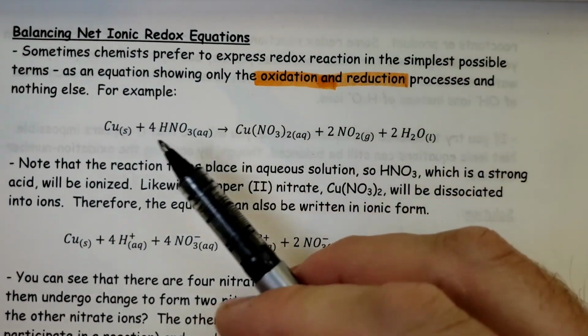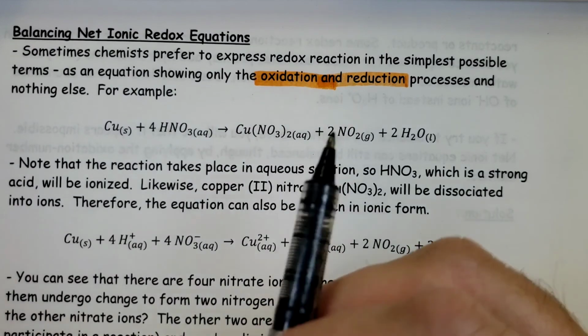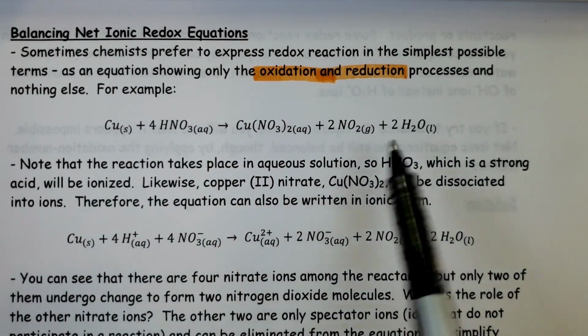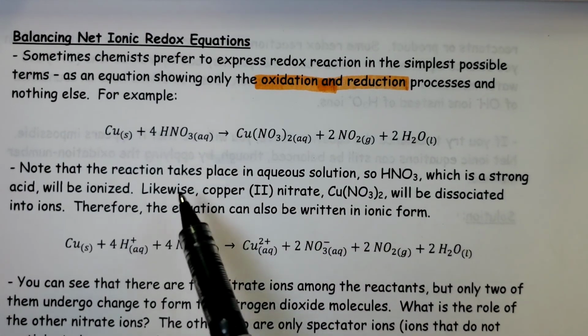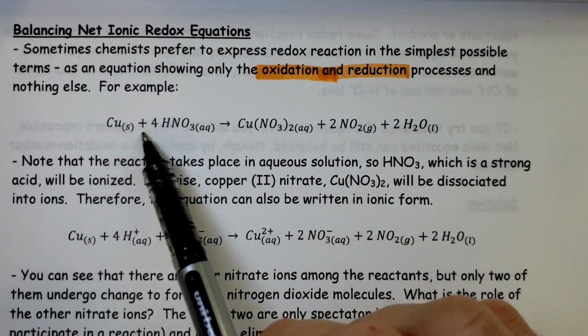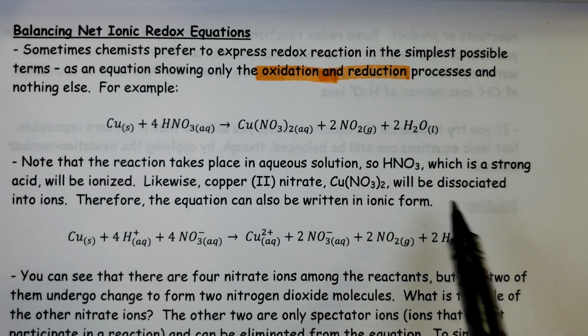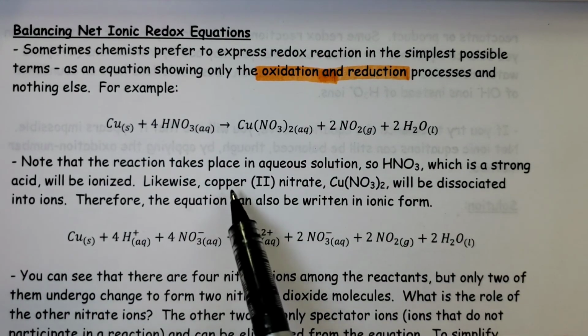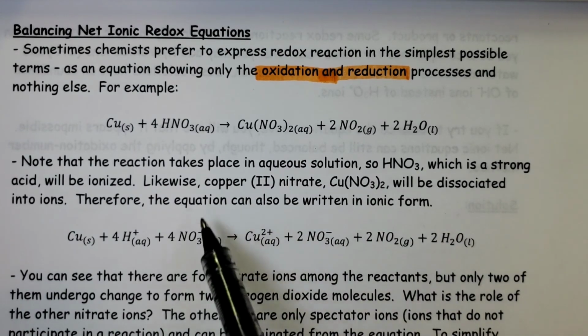So if we look at an example like this, this is one that we did for the first example we did. Copper plus nitric acid giving copper 2 nitrate, etc. Note that the reaction takes place in aqueous solutions. So HNO3, which is a strong acid, will be ionized. Likewise, copper 2 nitrate will be dissociated into ions as well.